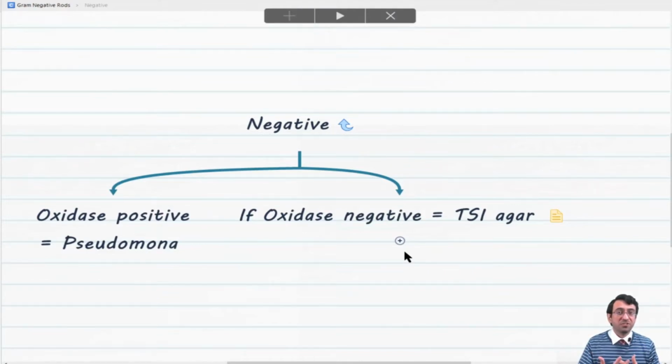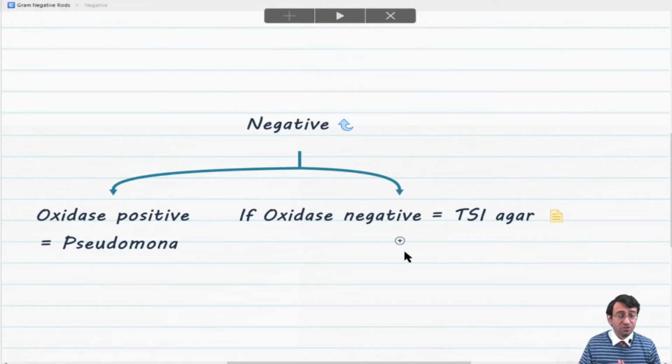And for us to distinguish them, we need to use TSI agar. What is this TSI agar? TSI agar, or triple sugar iron agar, is an agar medium with a phenol red pH indicator that will turn yellow if there is enough fermentation to cause an acidic environment.